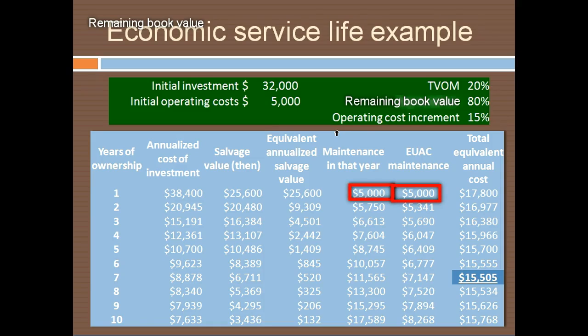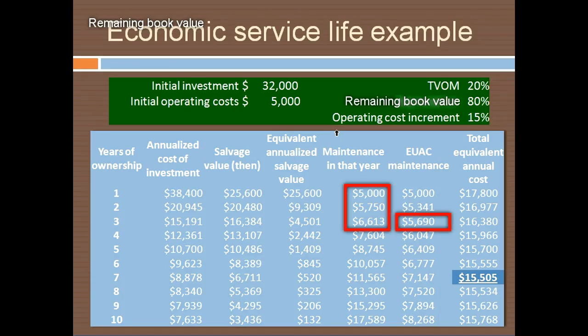If we hold it for 1 year, the equivalent uniform annual cost for maintenance of 5,000 is just 5,000. But for 2 years, in the first year we pay 5,000, and the second year we pay 5,750. That's equivalent to 2 years, at the end of year 1 and at the end of year 2, of 5,341.